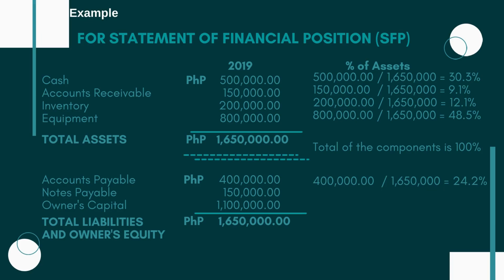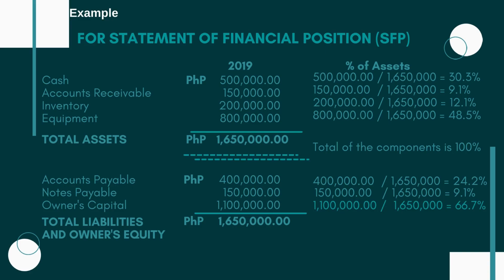In accounts payable, 400,000 divided by 1,650,000 equals 0.24 times 100 is equal to 24.2%. In notes payable, 150,000 divided by 1,650,000 is equal to 0.090 times 100 is equal to 9.1%.